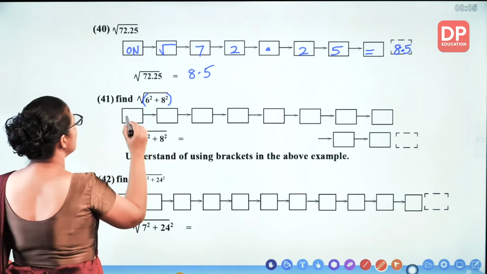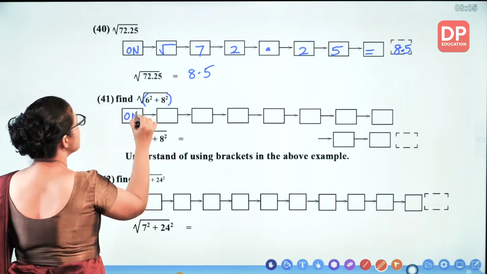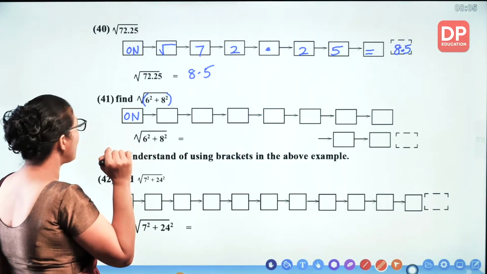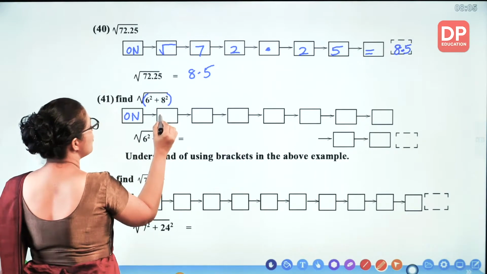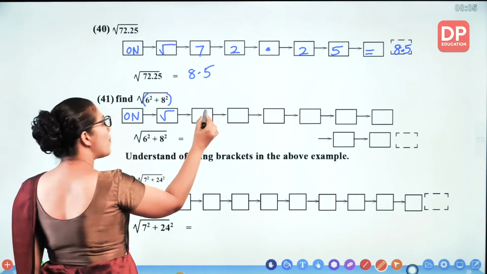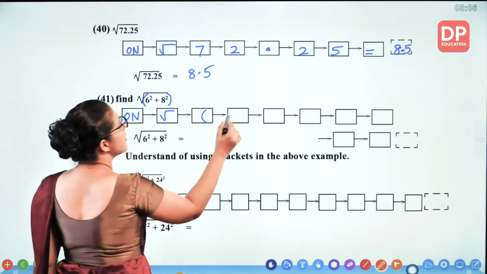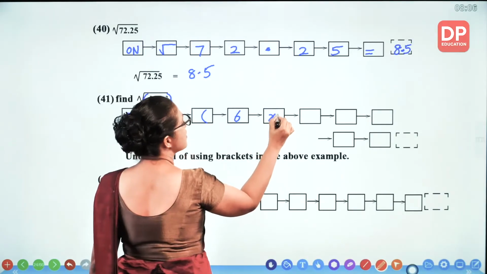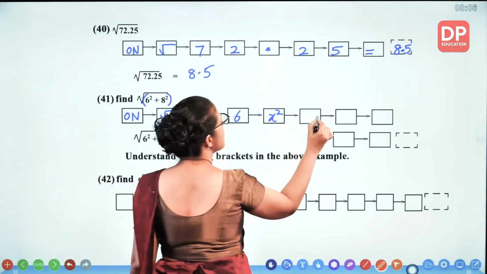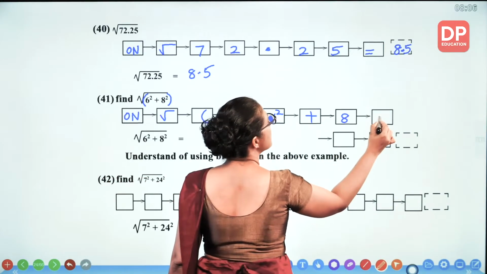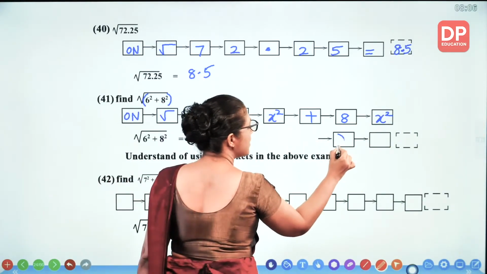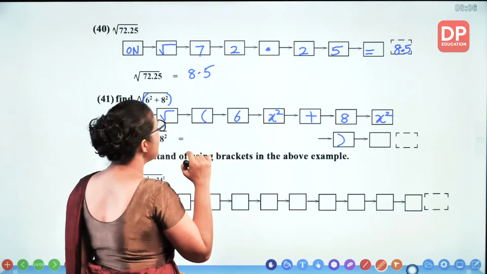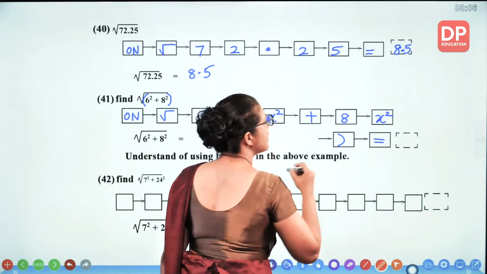So we'll do that with brackets. Switch on and then square root button and open a bracket. 6 squared plus 8 squared and close brackets and then equal sign.